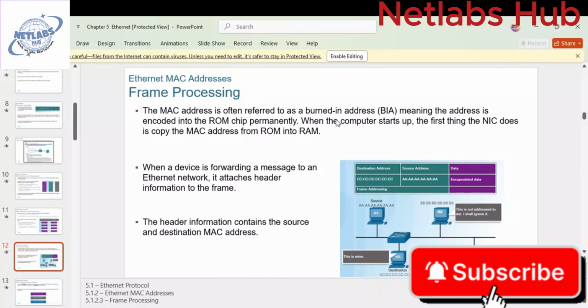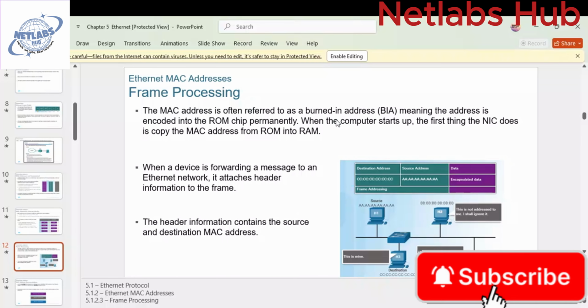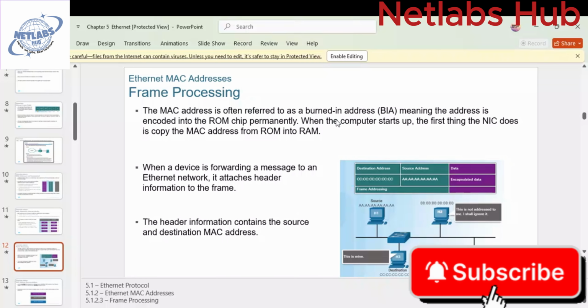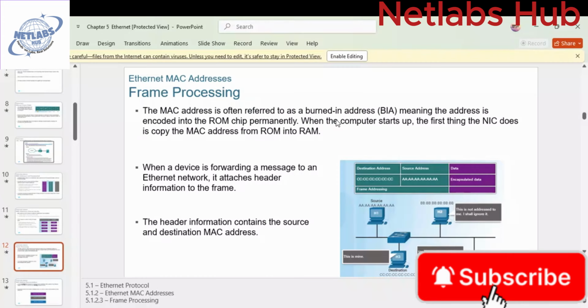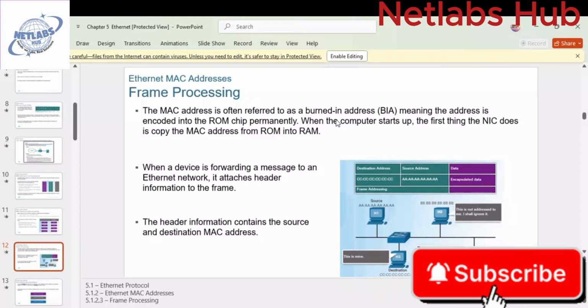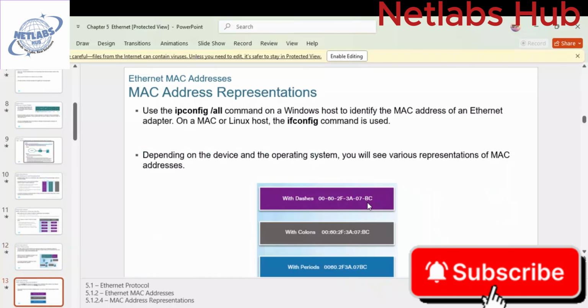The header information contains the source and the destination, identifying where the frame is coming from and where it is intended to go. As in this picture, you can see this is the destination, this is the source.